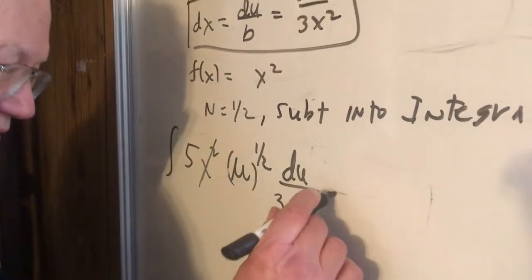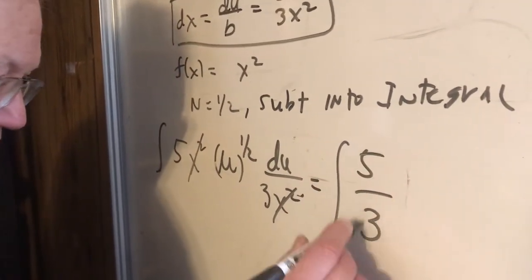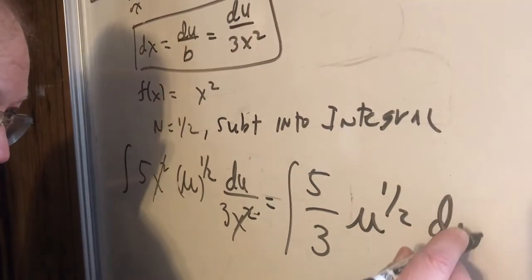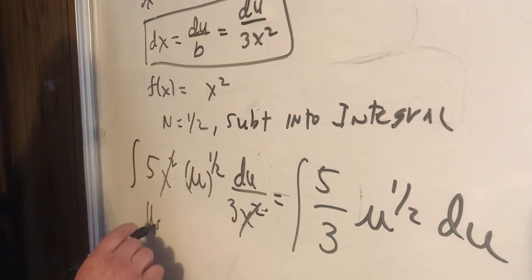We'll do this again just to show you that this becomes 5/3 u to the 1/2 du. Now I can use the power rule.